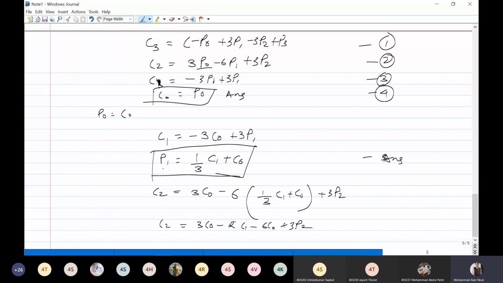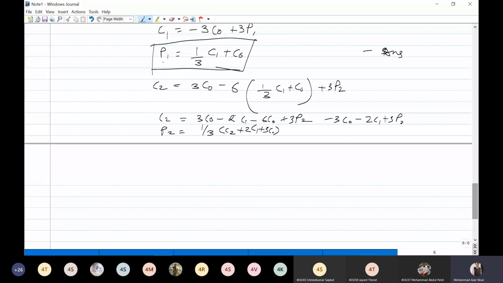Now we have to find out P2. So for P2, you can change this: P2 equal to 1 by 3 of C2 plus 2C1 plus C0. Then you can easily convert this.